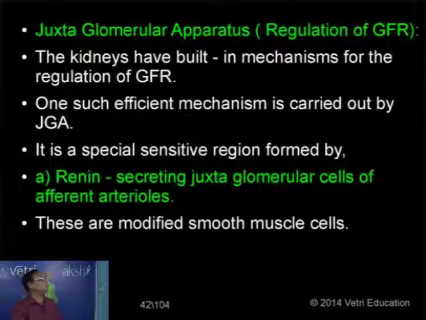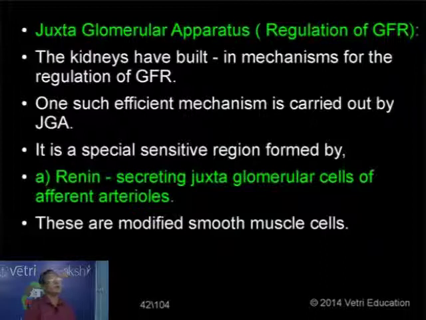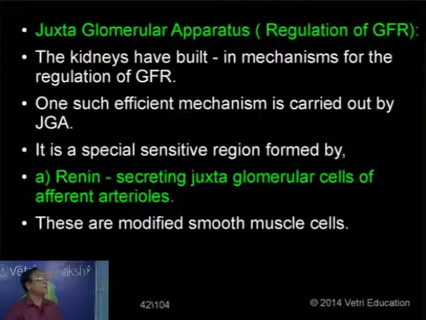Now we have to know about the role of the juxtaglomerular apparatus. To maintain or regulate the glomerular filtration rate, the kidney has certain inbuilt mechanisms inside, and that is called the juxtaglomerular apparatus. This is an efficient mechanism responsible for regulating the glomerular filtration rate. It is a highly sensitive organ formed of the components I mentioned in picture 1.